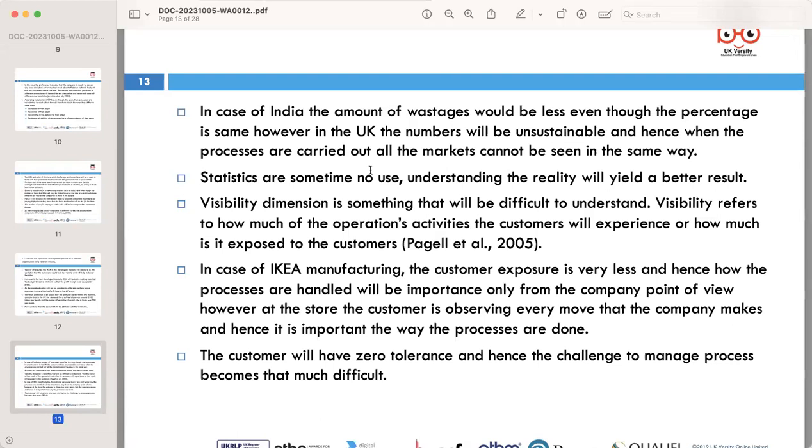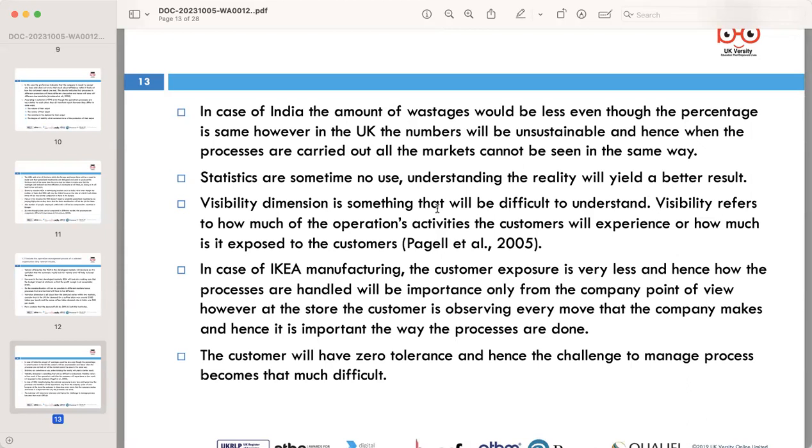Basically, in the case of India, the percentage of wastage might be the same, but the actual amount of wastage would be lower compared to the UK, due to the difference in the volume of operations. When managing processes, it is important to acknowledge that all markets cannot be approached in the same manner. Also, statistics are sometimes of no use. Understanding the reality will yield a better result.